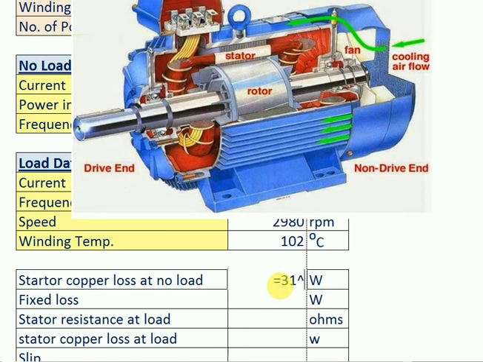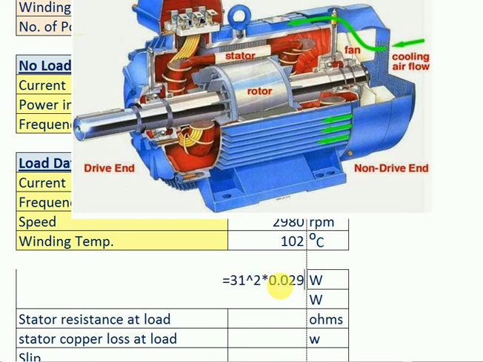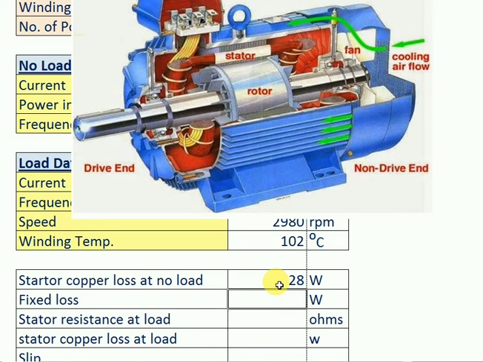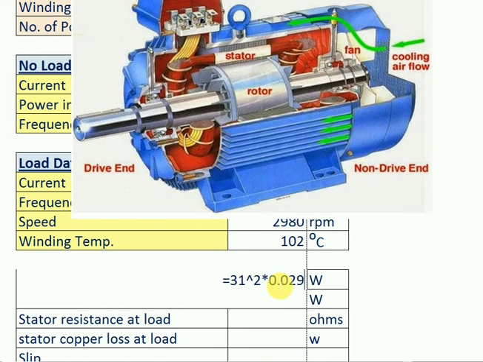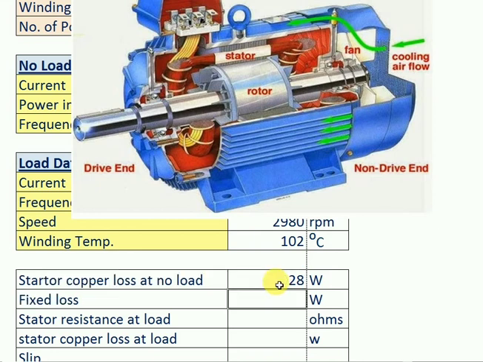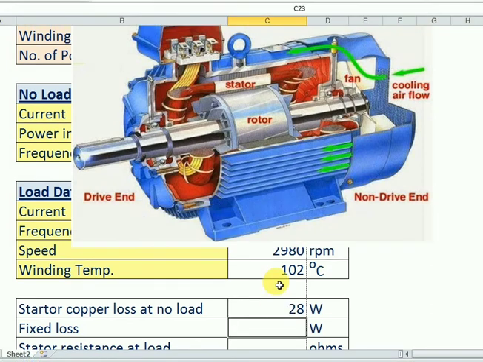Actually, in this formula we should properly add 3 into I divided by root 3, whole squared, but instead we are directly adding I squared R, since it is a 3-phase delta connection. So we can take it directly. So the fixed loss is the no load power, which we see is 5101, minus the stator copper loss of 28.